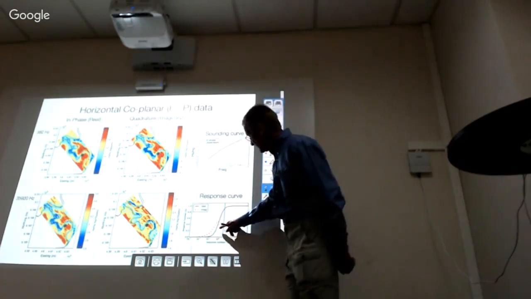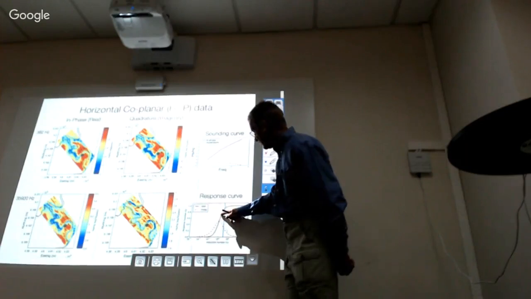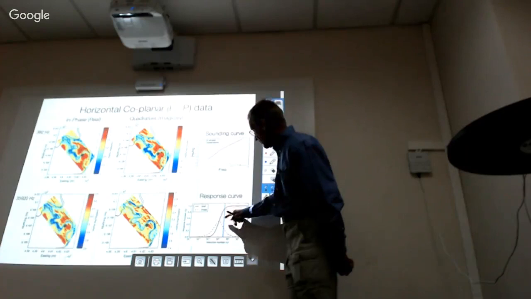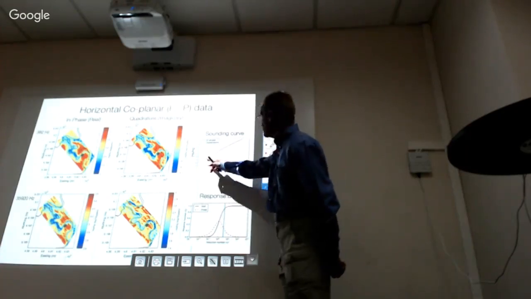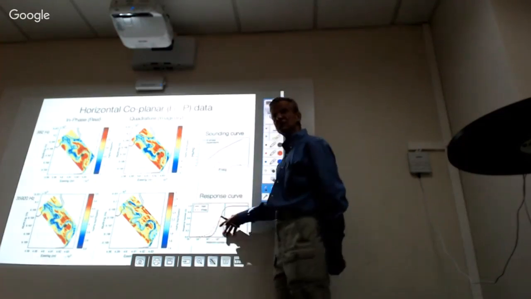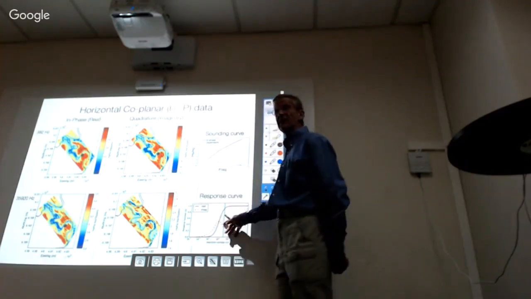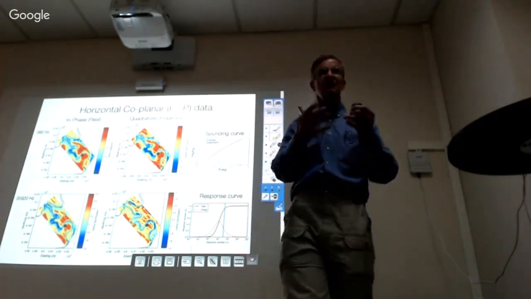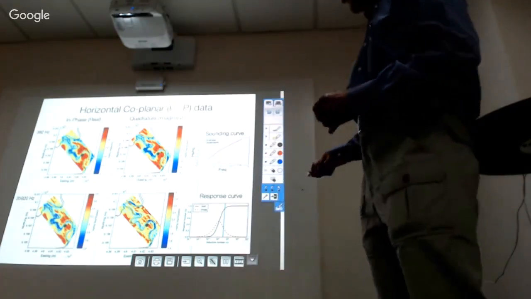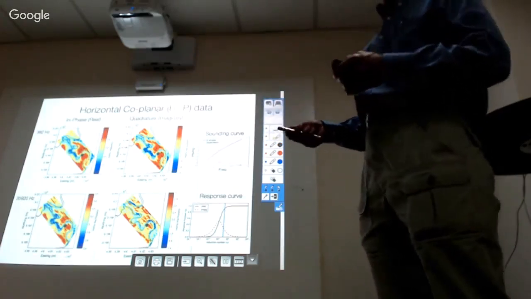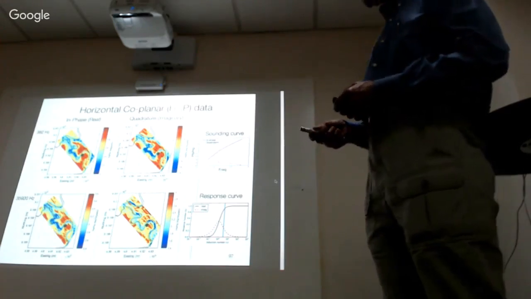If I'm on this side, as my frequency increases, my response goes up for the real part, and it goes down for the imaginary. So these curves are exactly what you'd expect from this response curve if you're operating over here. That was what I was trying to get at. So everything on here actually makes some kind of sense, and you've got some idea about what's going on.